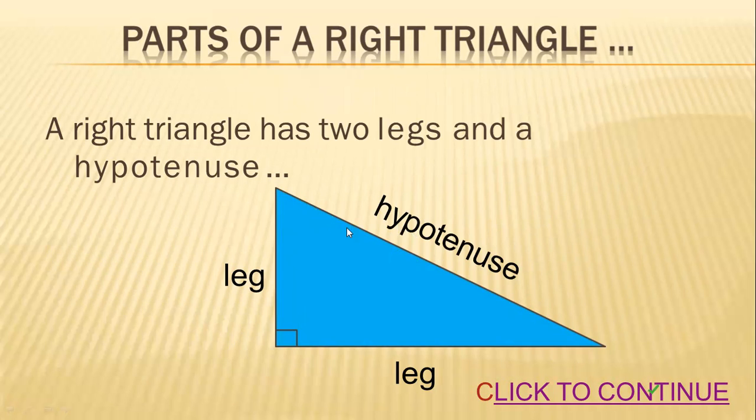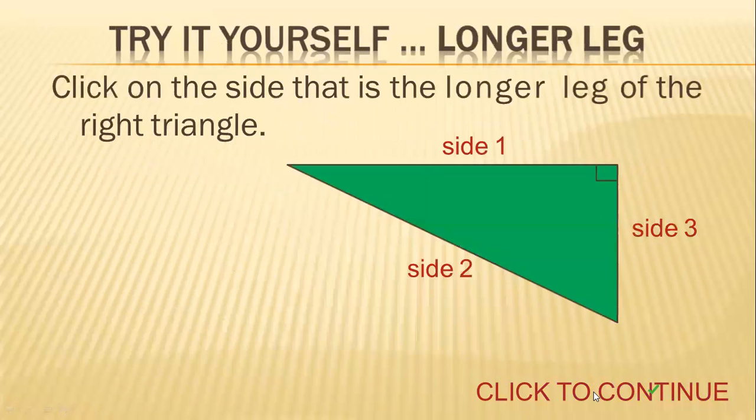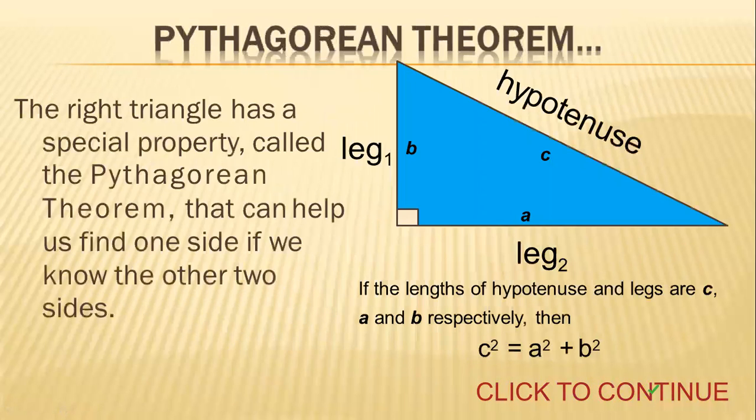The leg is just the other ones. Anyhow, we cannot say the leg to this side. It's a special name, and these also have special names. We will talk about those. Definitely they will come. So once again, we can say side, it's absolutely right, there's no harm to say side.